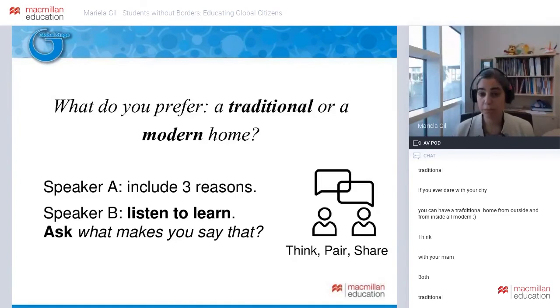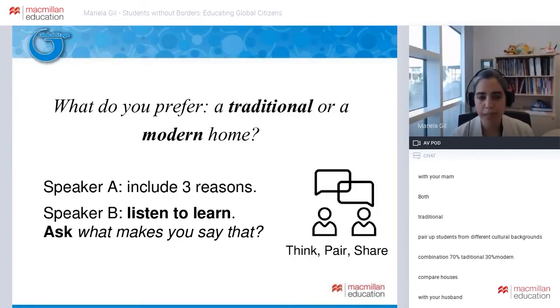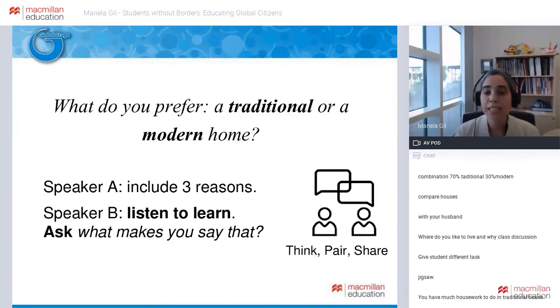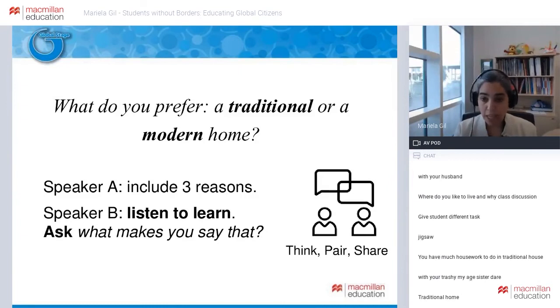These are the things that I like about a traditional home. These are the things I like about a modern home. They can explain that. Now, speaker B, this is the twist. Speaker B, they're not just listening to be polite, they're listening to learn. You can ask your students to listen in order to learn more about speaker A. And one way in which you can help them listen to learn is by having them ask the question, what makes you say that?